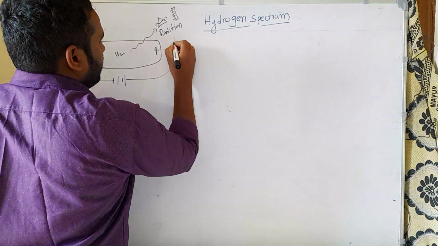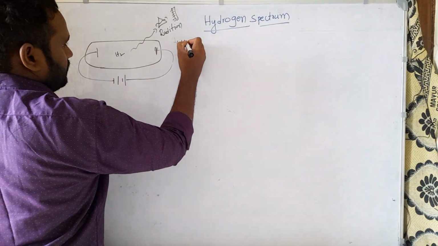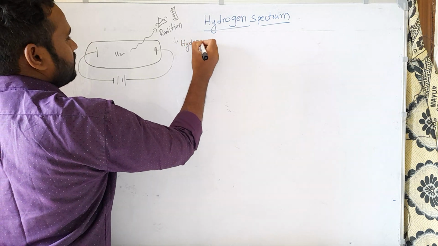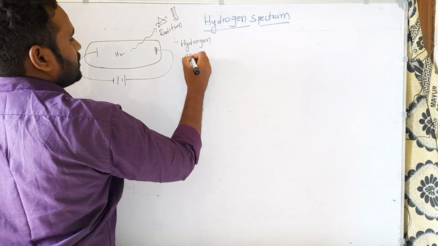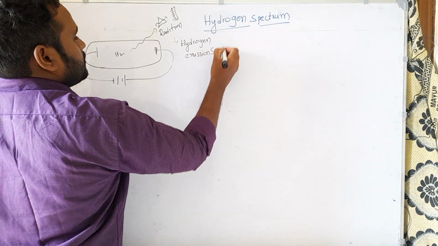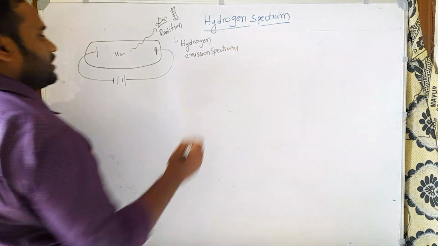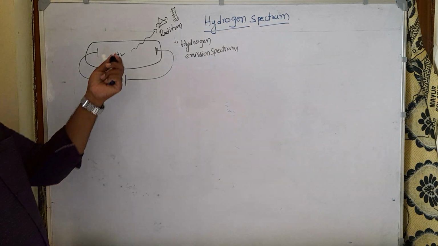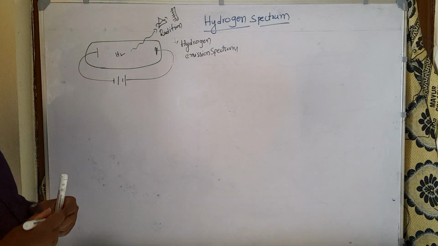This radiation is passed through a prism, and here we get a spectrum. So this is called the hydrogen emission spectrum. The hydrogen emission spectrum is nothing but what you get when you pass an electric discharge through hydrogen gas.